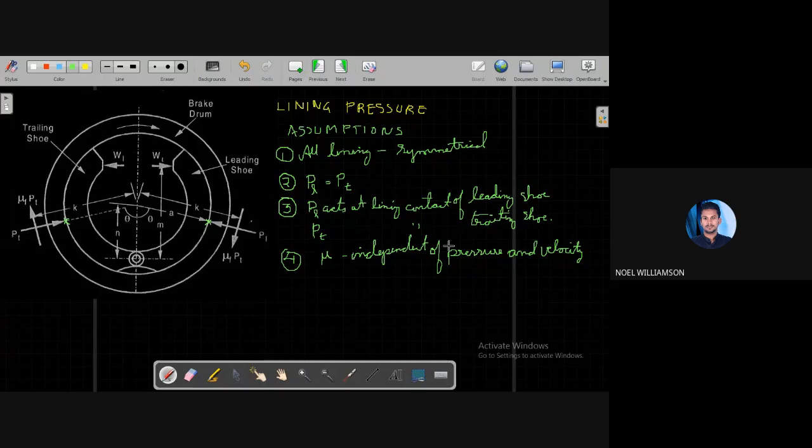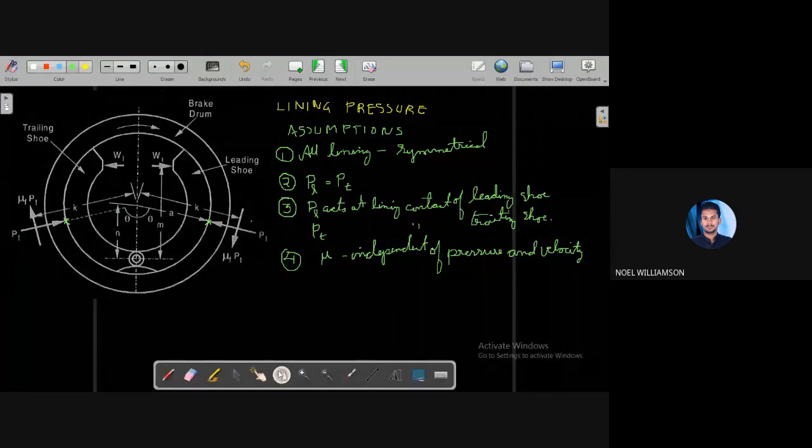First, all linings are symmetrical. Then the normal forces PL and PT are the same. Regarding the point of application of the normal forces, PL acts on the lining contact of the leading shoe, whereas PT acts on the lining contact of the trailing shoe. And the final assumption: mu, the coefficient of friction, is independent of pressure and velocity.